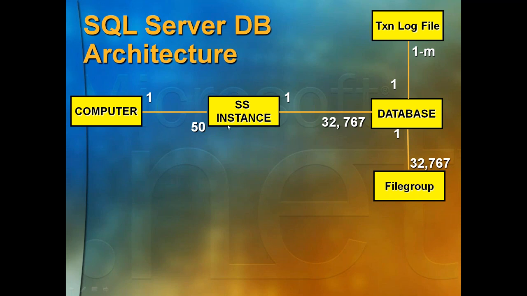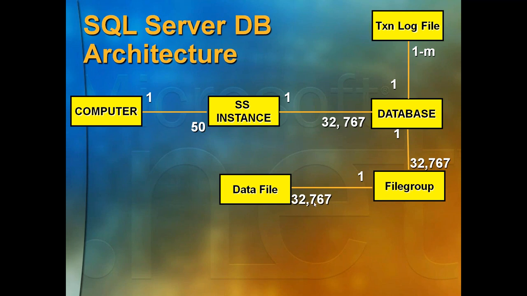Now, one instance can have this many databases, and one database can have this many file groups maximum, and one database can also have one or more transaction log files. Within the file group, we can have data files where the data is stored.